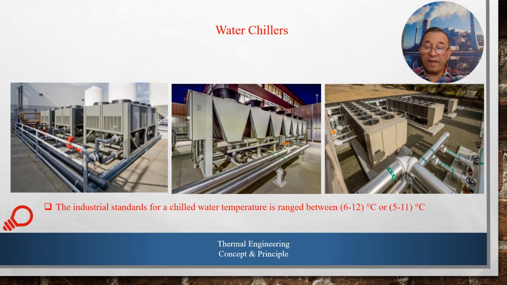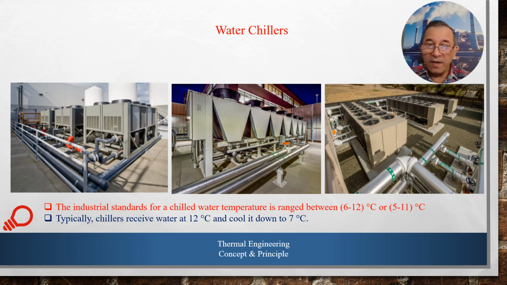The temperature range for chilled water is between 6 to 12 or 5 to 11, and typical values are between 12 and 7. That means the water enters the chiller at 12 and leaves it at 7 degrees centigrade.